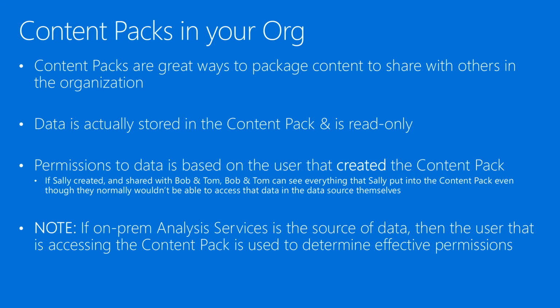It'll execute the right query and provide the right information, so there is a scoping element that can happen if AS is your source. The really small text in the middle is just an example: if Sally created the content pack and shares it with Bob and Tom, they see everything Sally sees. That's how content packs work.